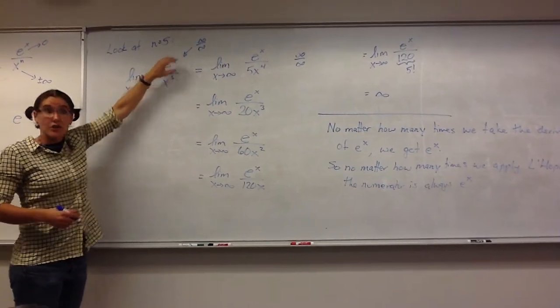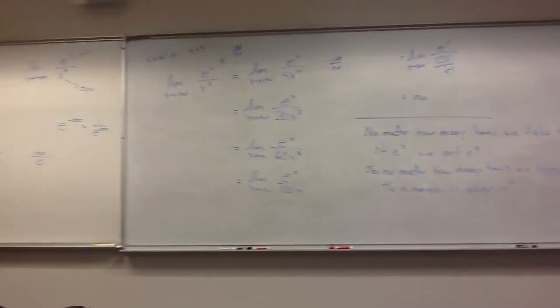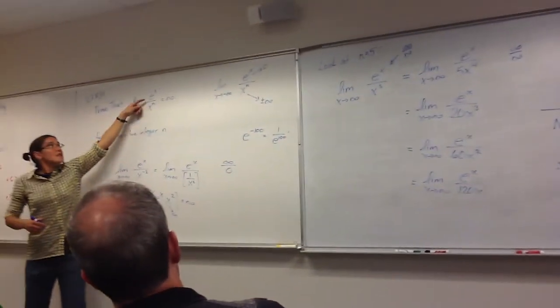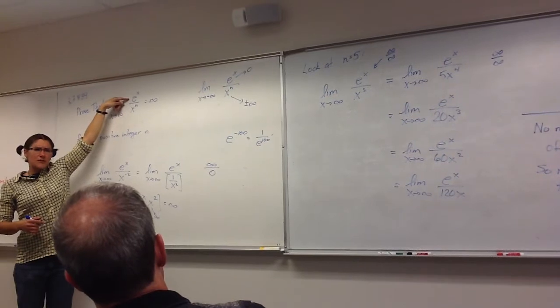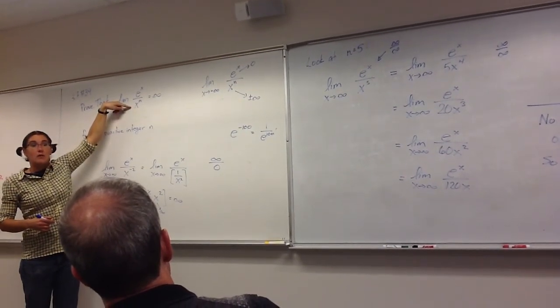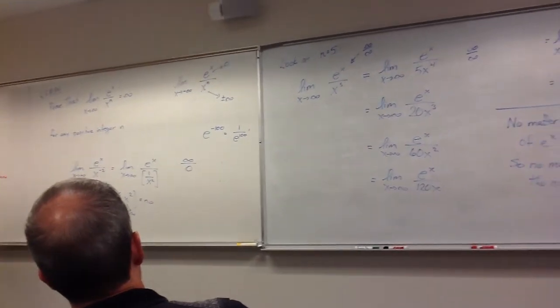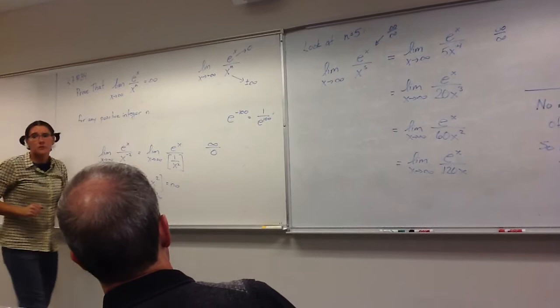And by showing that this is true for any or even every positive integer n, it says that e to the x grows much faster as x gets really big than x raised to any power, even x raised to the googol. So no matter what that power is, the exponential function grows faster.